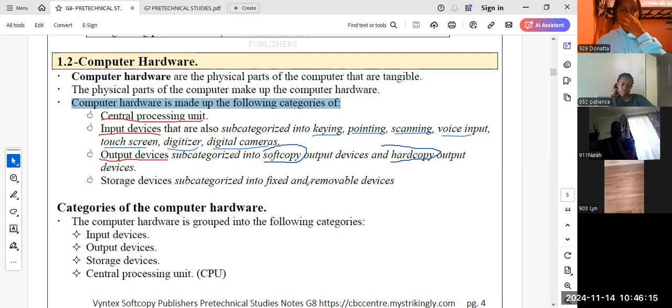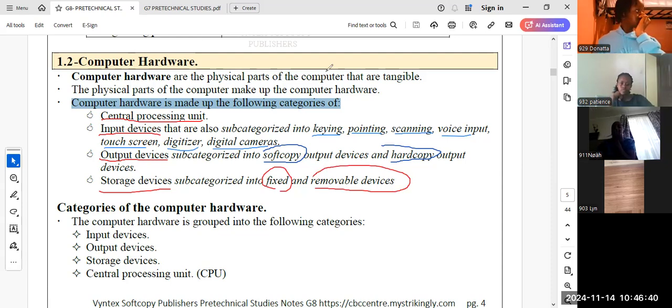These are the two subcategories of computer output devices. And then lastly, we have what we call the storage devices, which are also subcategorized into two: fixed storage and removable storage.